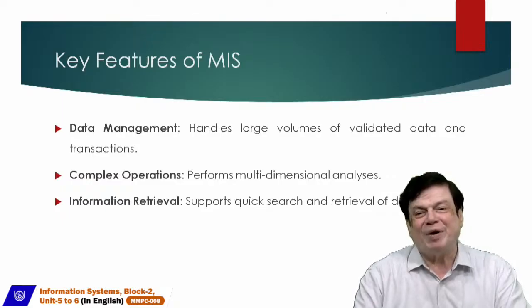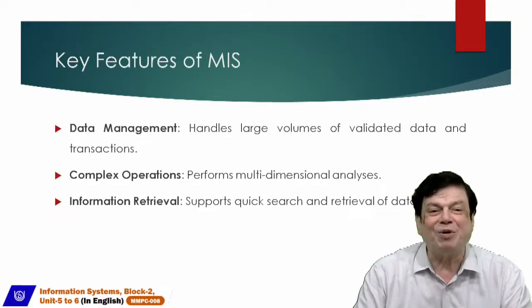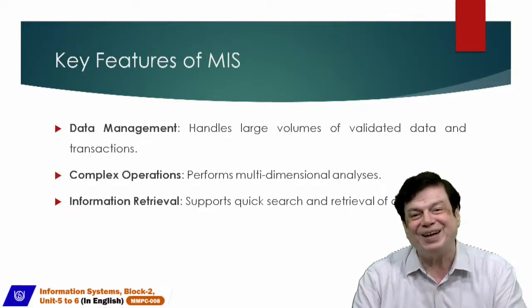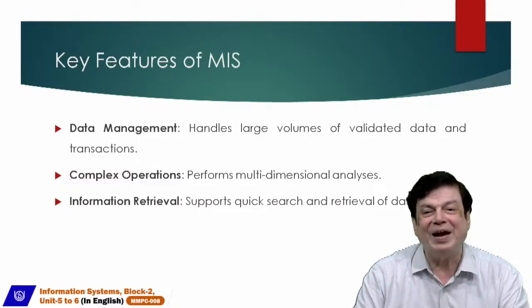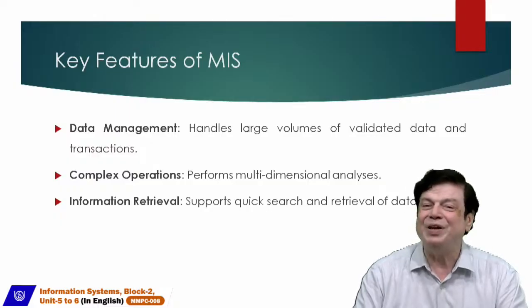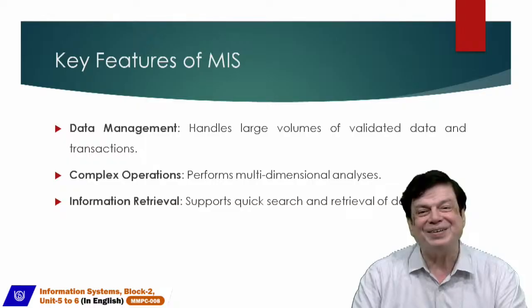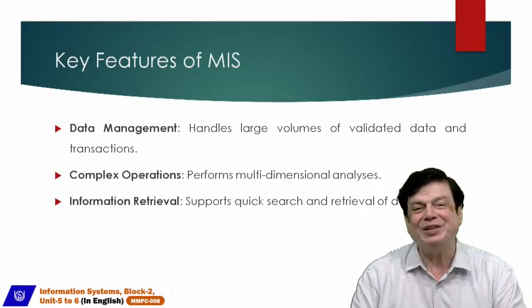Key features of MIS: what are the key features of management information system? Number one is data management. It handles large volumes of validated data and transactions. You can imagine one particular bank in one day, how many entries the entire bank did, and then in the evening they consolidate the data of all the branches and make the balance sheet of the bank.